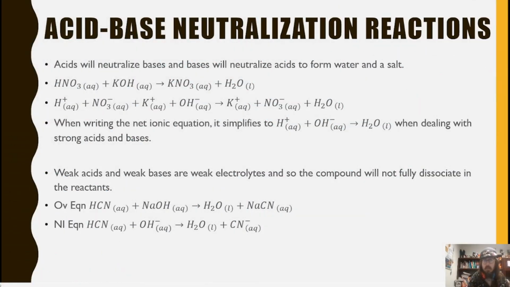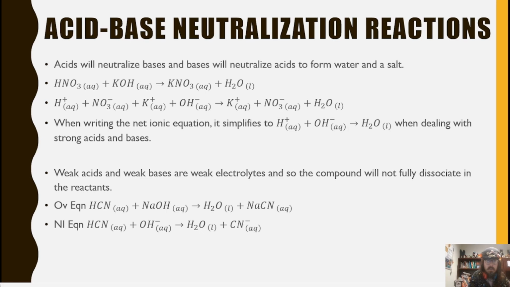Okay, so let's start by looking at acid-base neutralization reactions. So this is another driving force. All acid bases, if we break this down, H plus and OH minus will neutralize to form water and a salt. Typically, that salt, if it's ionic, will cancel out, and we're left with the net ionic equation being H plus and OH minus forms water.